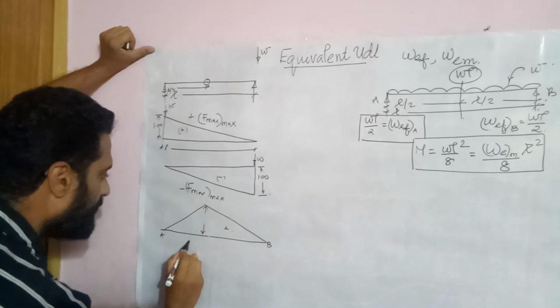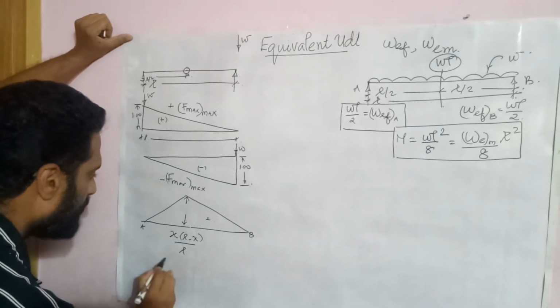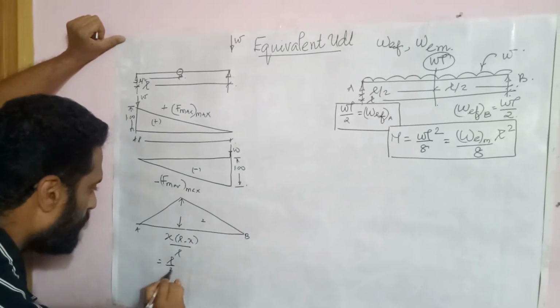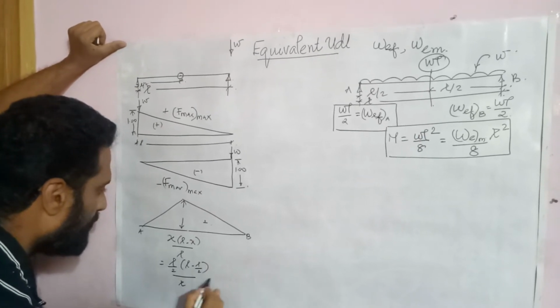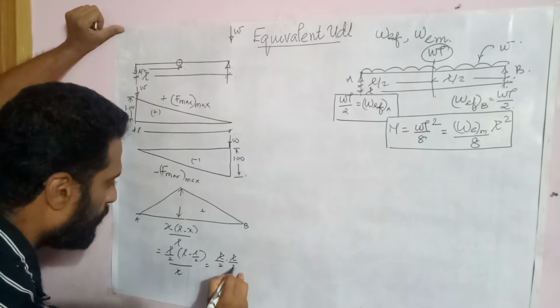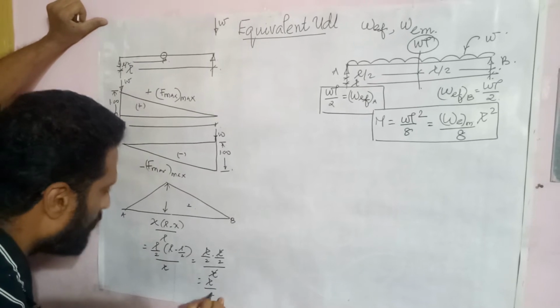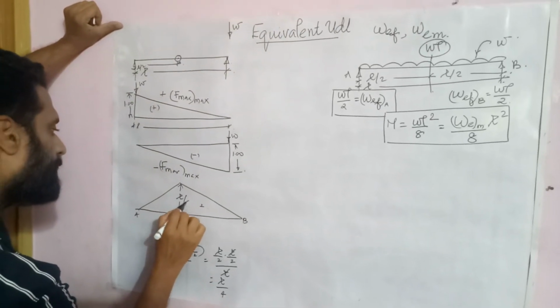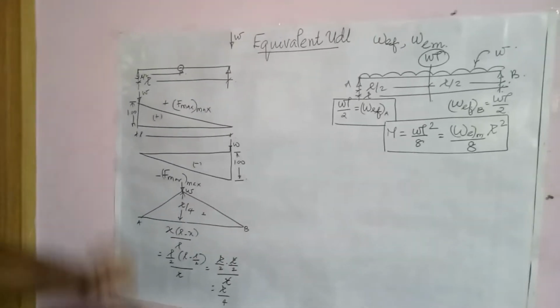So the intensity is X into L minus X by L, where X is L by 2, so L by 2 into L minus L by 2 divided by L, which is L by 2 into L by 2 divided by L, which is L by 4. Obviously this is L by 4, and I need to superimpose the load here which is W.